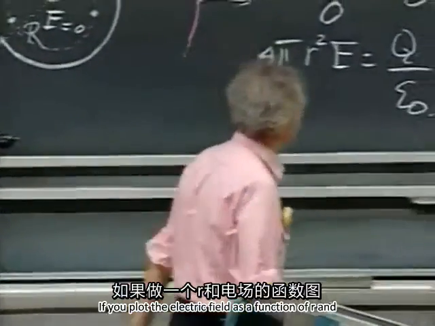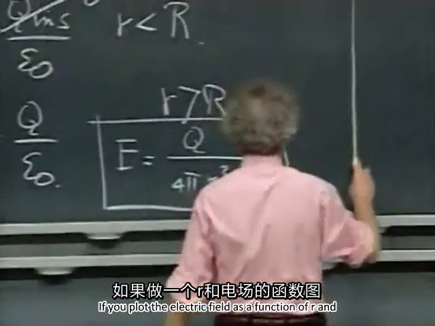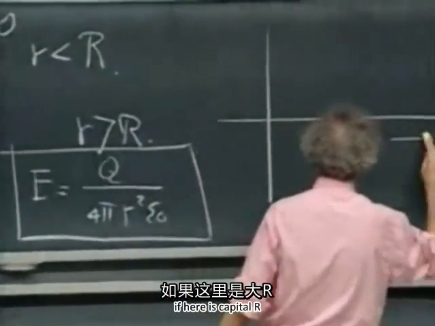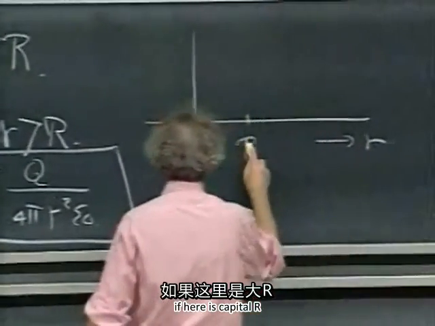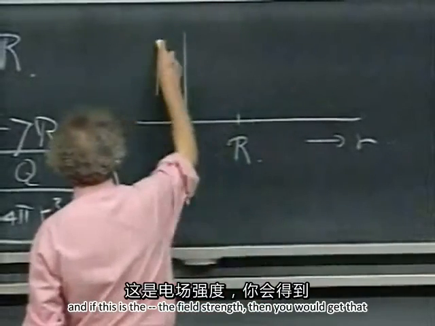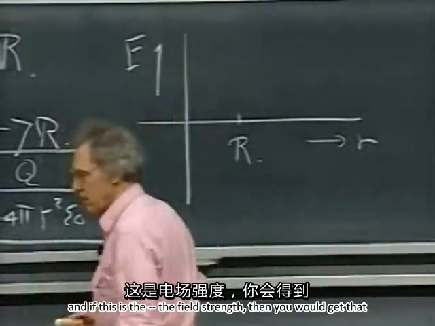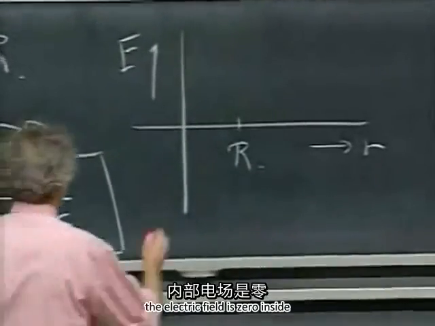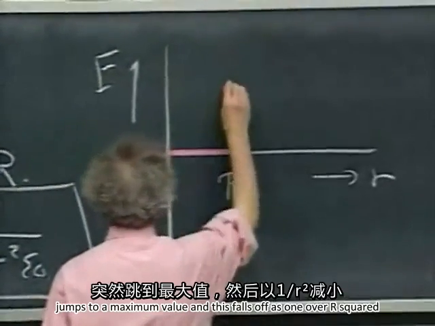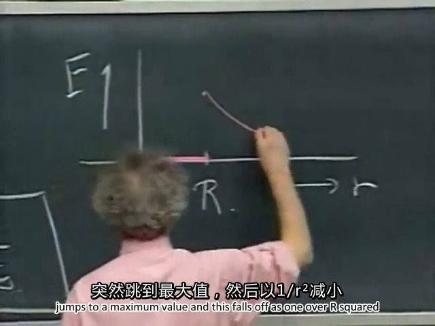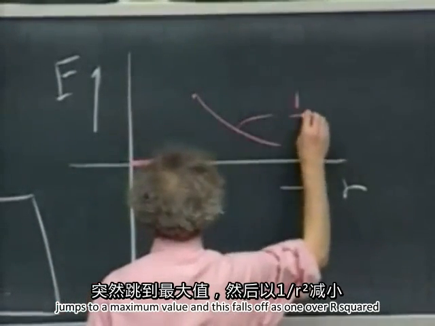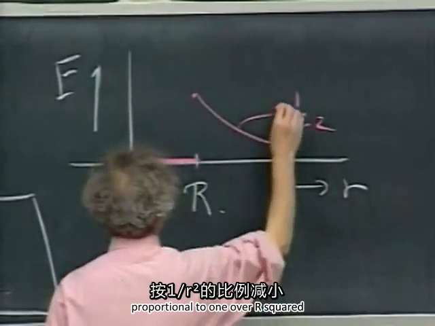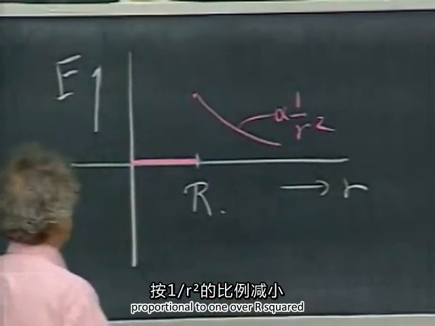If you plot the electric field as a function of r, and if here is capital R, and this is the field strength, then the electric field is 0 inside, jumps to a maximum value, and then falls off as 1 over r squared.